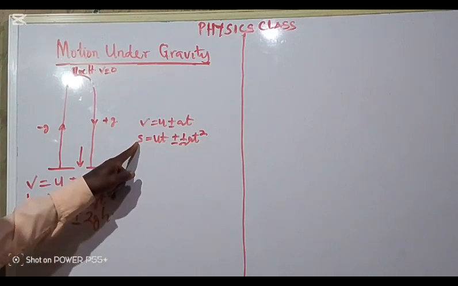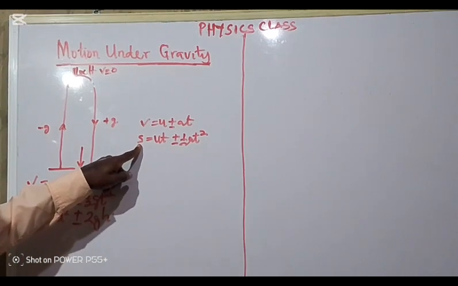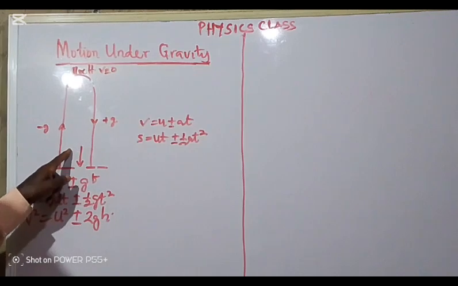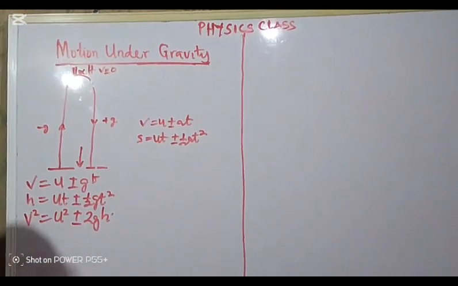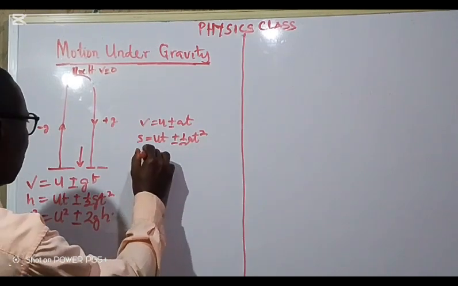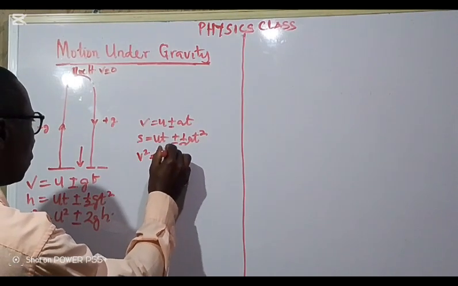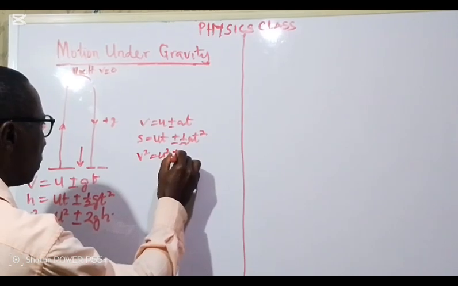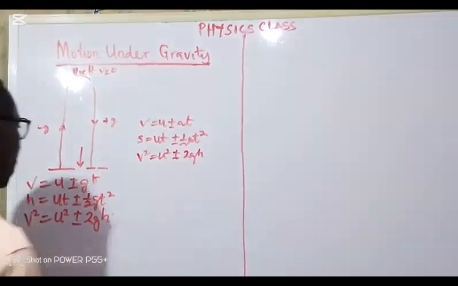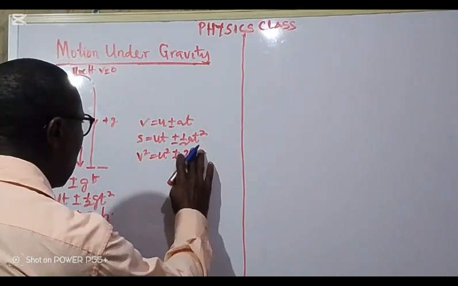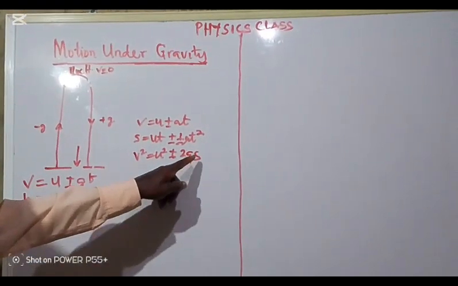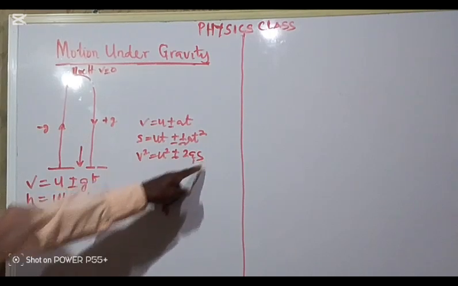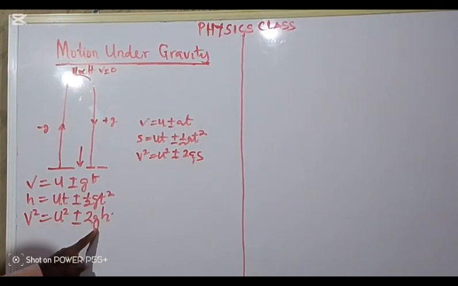The same applies here. S is horizontal distance, and since we are talking about vertical distance here, we change S to H. Equation 3 is V square is equal to U square plus or minus 2aS from the linear equations of motion. Linear acceleration and horizontal distance are changed to acceleration due to gravity and vertical distance, giving 2gh.